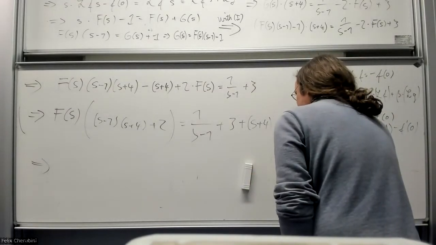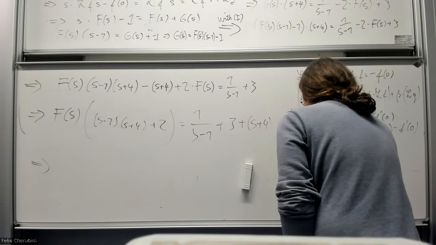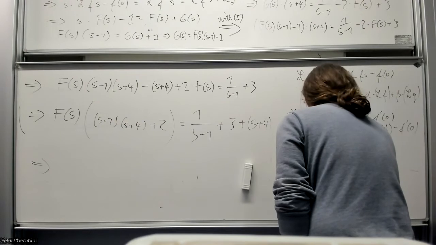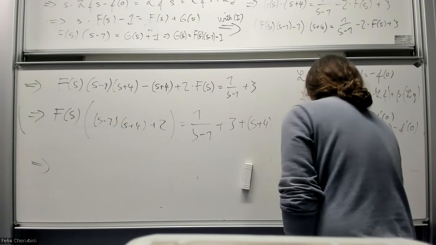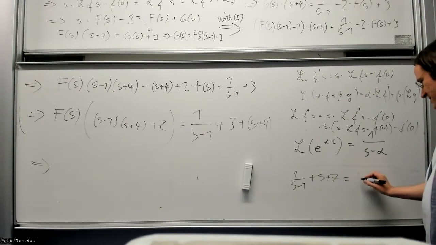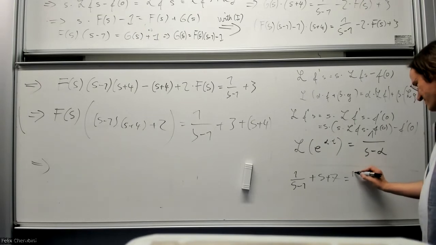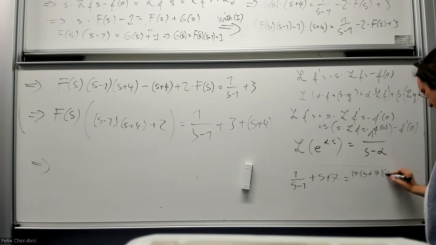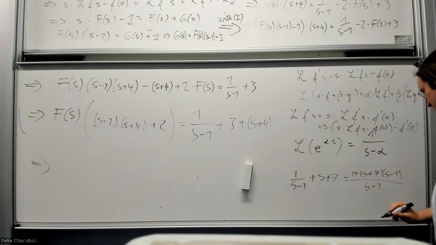It's not that pleasant actually. It's plus s plus 7. So we can multiply that with s minus 1. We actually get a square up here. S minus 1 over s minus 1.